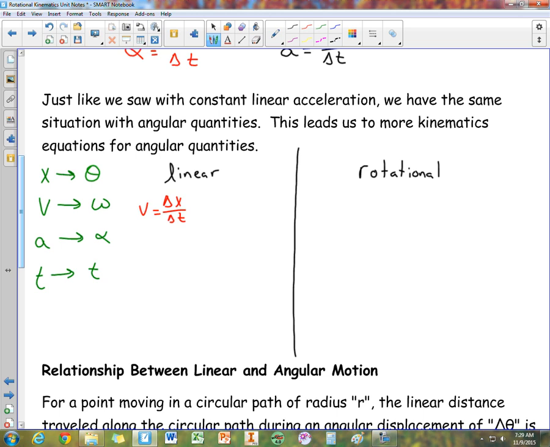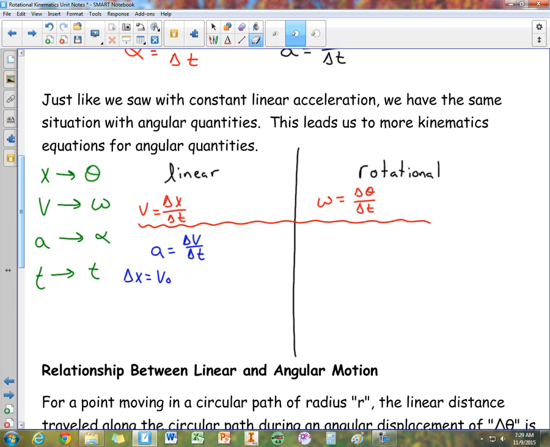And then for our rotational, it's omega equals delta theta over delta t. That's for constant velocity. And then for constant acceleration, we had acceleration equals delta v over delta t. We had our universal equation. I want to use delta t's, not just regular t's.